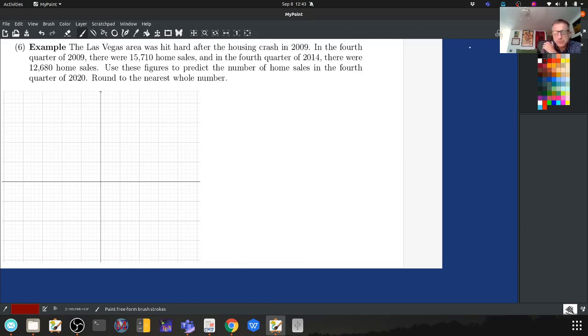So my y value is going to be what we're looking for, number of home sales. And then my x value is going to be time. And in this case, I'm going to make things easier for us.